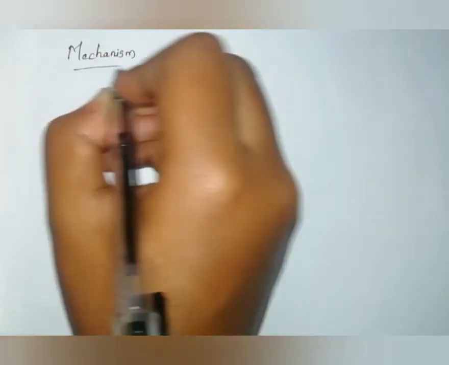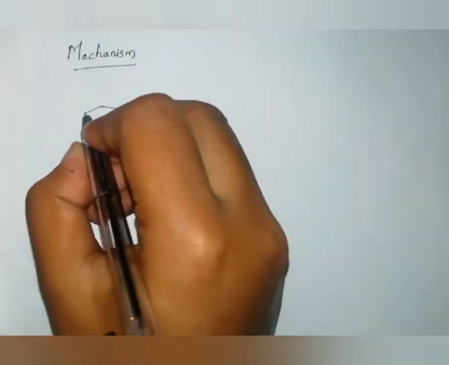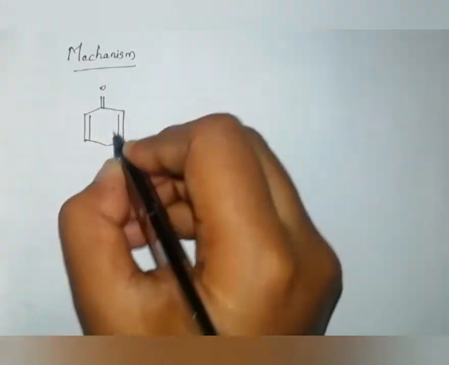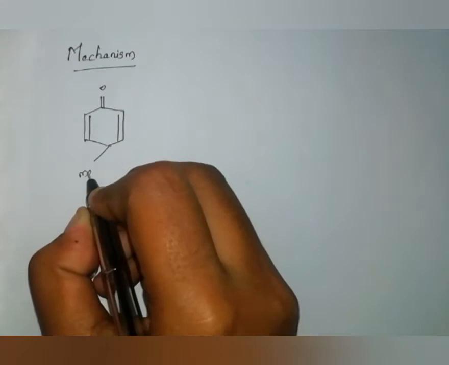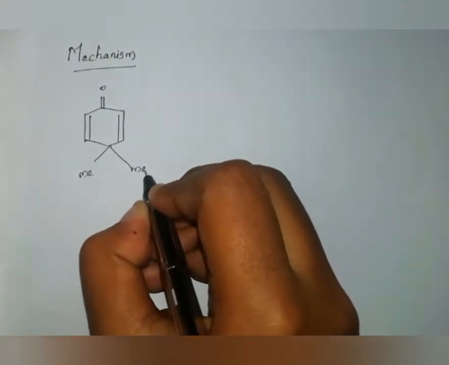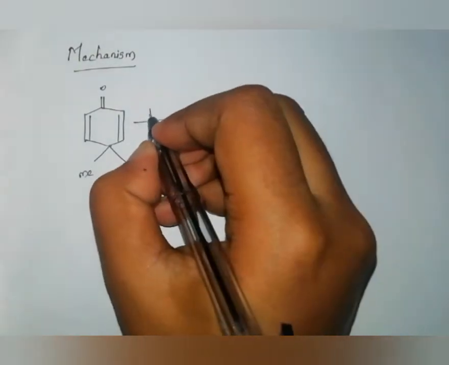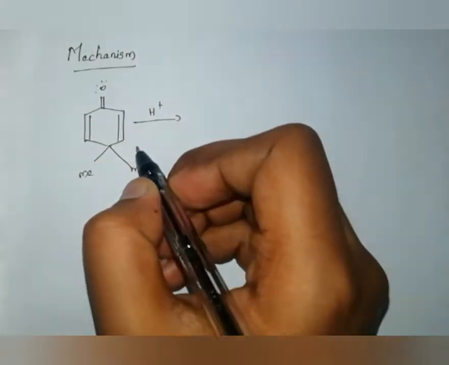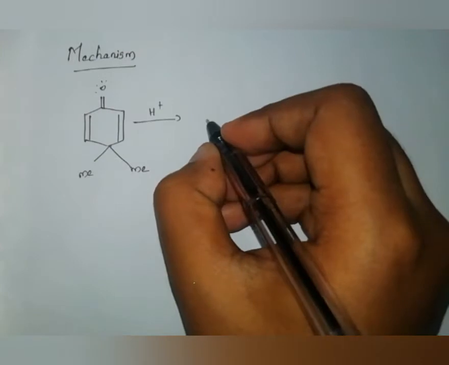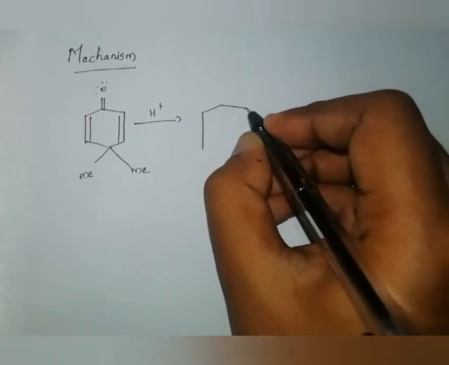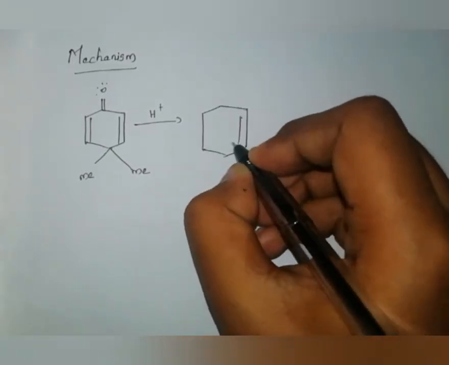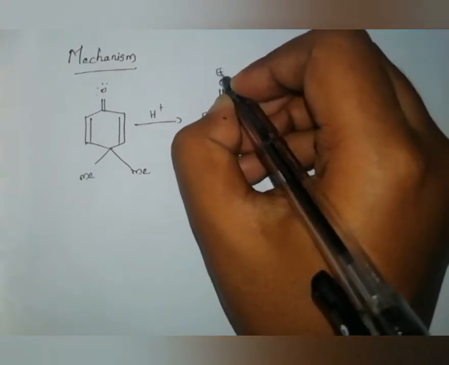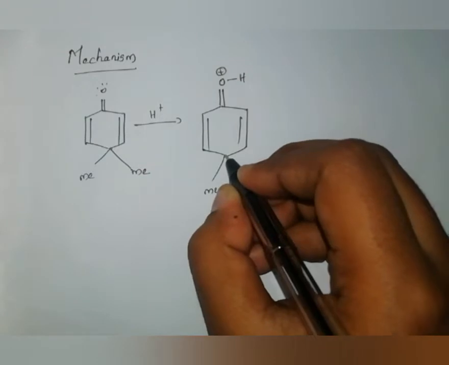This is the example of a dienone. In the presence of an acid, this oxygen gets protonated.